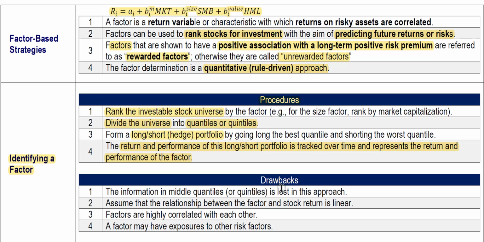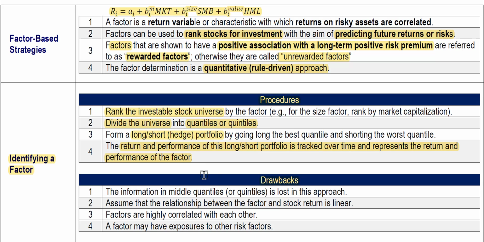But this procedure has some drawbacks. If you go long the highest quintile and short the lowest quintile, you're assuming that the relationship between return and your beta, because you rank by beta, is linear. Meaning, if you have 1, 2, 3, 4, 5, where 1 is the smallest and 5 is the highest, then 2, 3, 4 all increase monotonically.